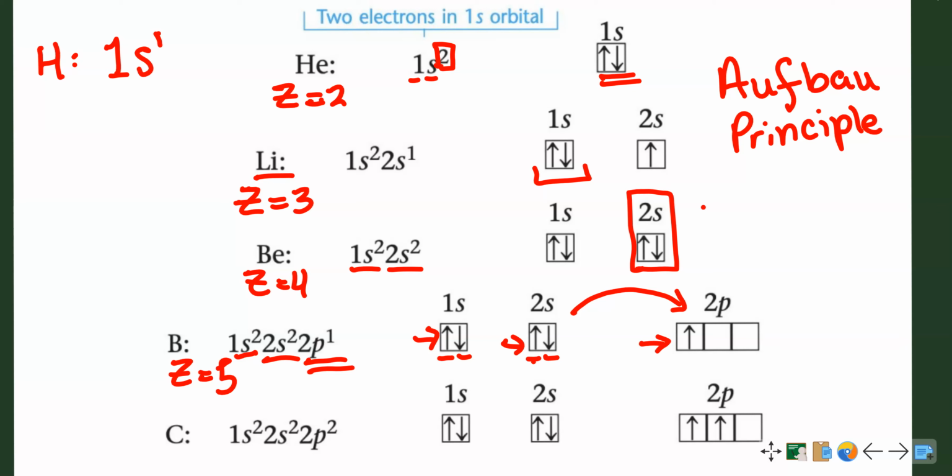Now, carbon, which has an atomic number of 6, the first 5 electrons are going to look like boron's.